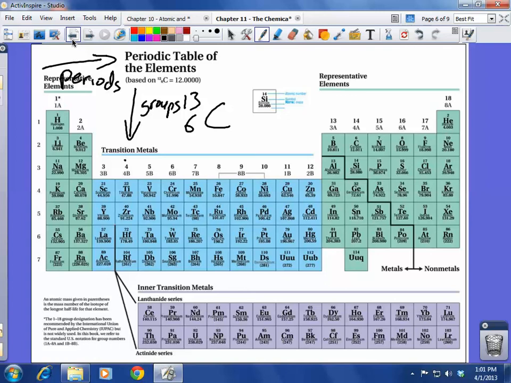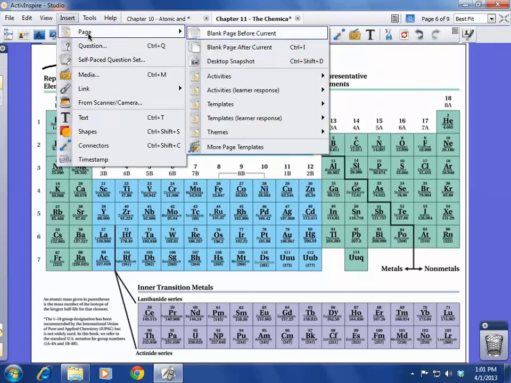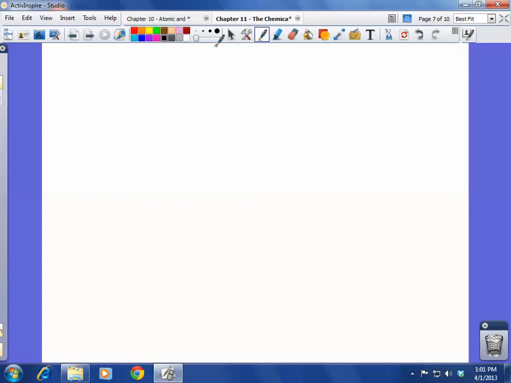So let's try this. So once again, the only way to get good at this is practice. Let's pick something at random. Okay? What about fluorine? Okay? So we're going to do this with a bunch of things. And I want to know how many electrons there are total. So total electrons, how many valence electrons, and how many orbits for those electrons. How many total electrons does fluorine have? 9, right?